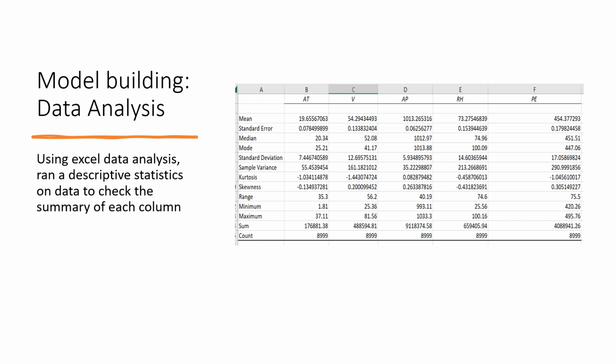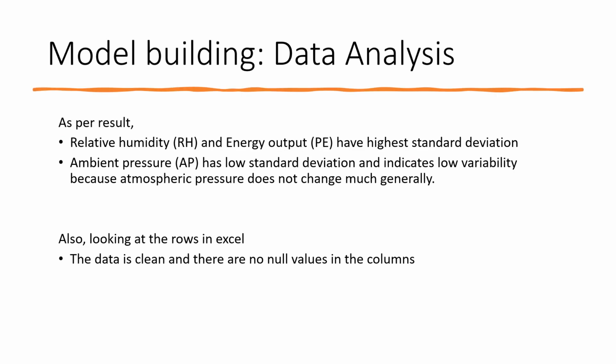Using Excel data analysis, I first ran descriptive statistics on the data to check the summary of each column. As per the results seen in the table shown on the previous slide, relative humidity and energy output have the highest standard deviation.